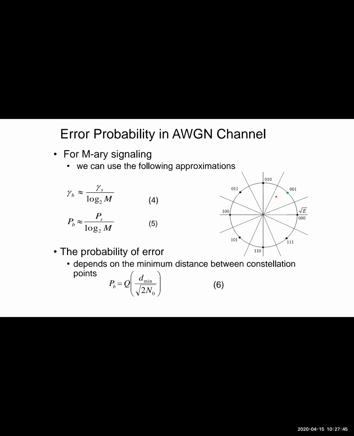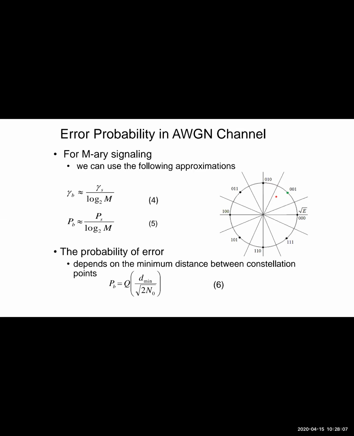Okay. So now you can see that we need a mapping from gamma B when you have information on gamma S. So equation 4 does that for you. And then equation 5 does a conversion from PS, probability of a symbol error, to PB, probability of bit error.